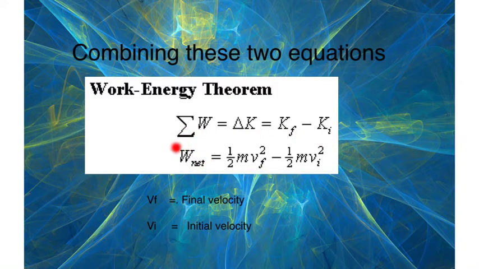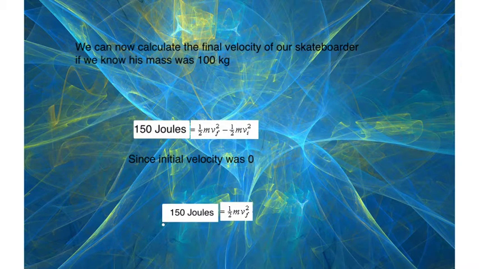So this says the total work is equal to 1/2 mv squared, the final velocity, minus 1/2 mv squared, the initial velocity. And we know that that was 0. So we can use this and we can calculate the final velocity of our skateboard.